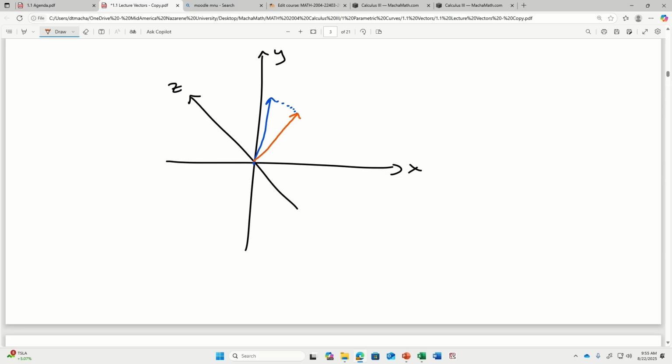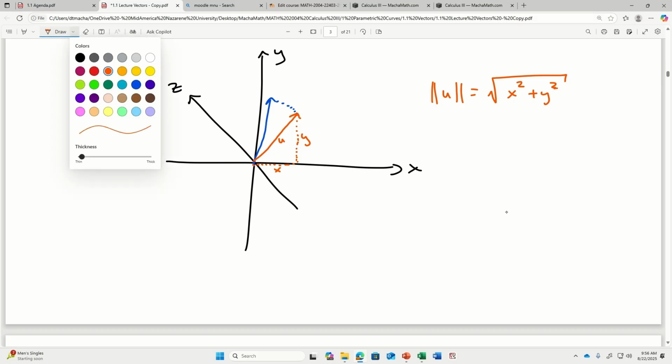This little dotted line only has a z component to it, right? It's only going back into the board. And then this has a y component and an x component. So if I want the length of this orange projection, let's call it u, it is going to be the square root of the x component squared plus the y component squared.